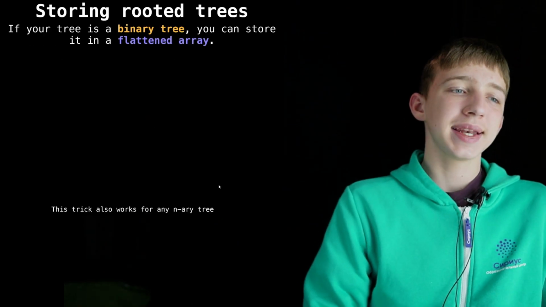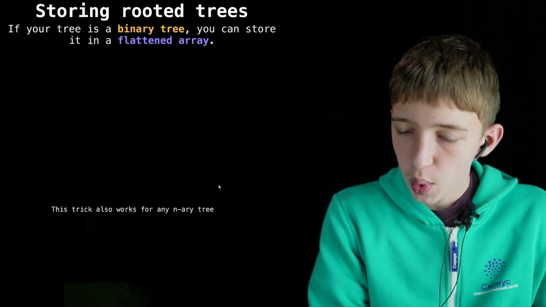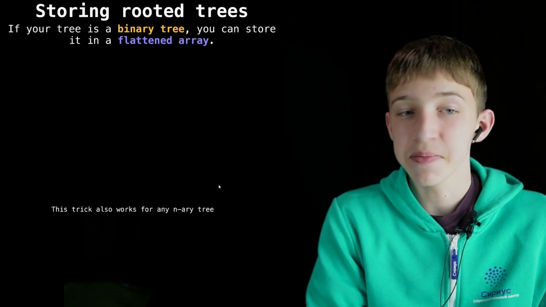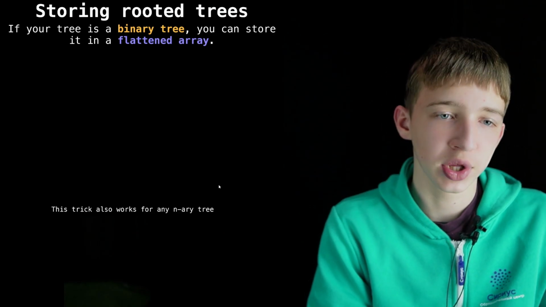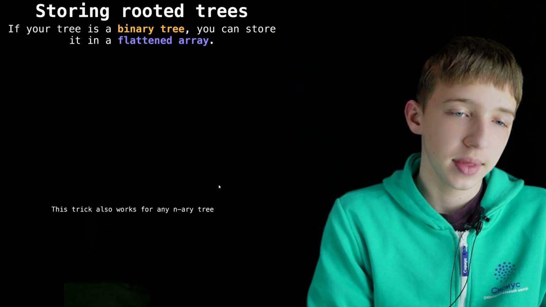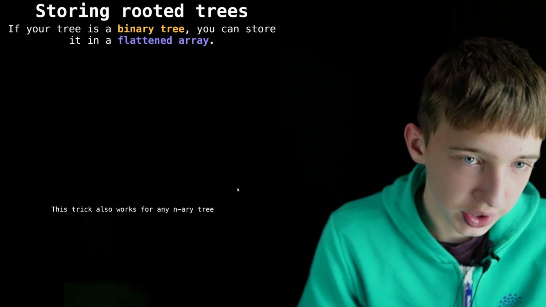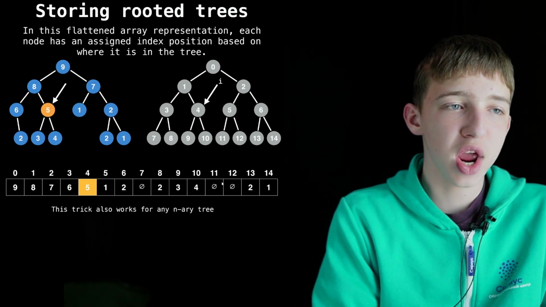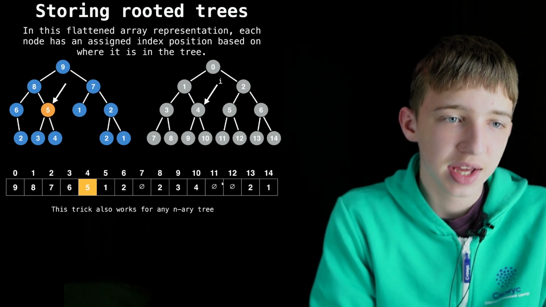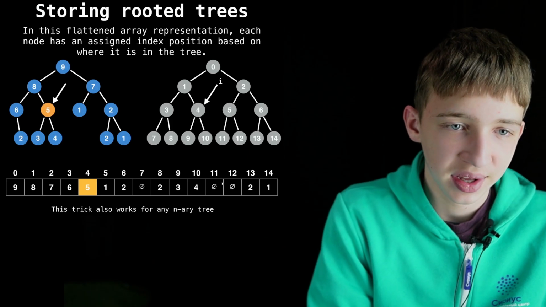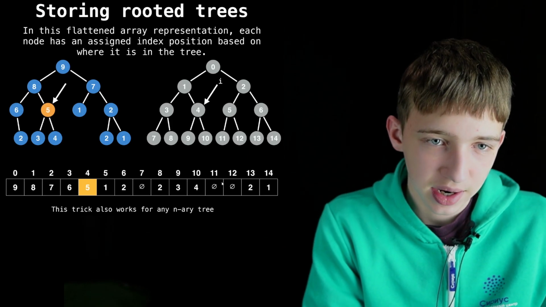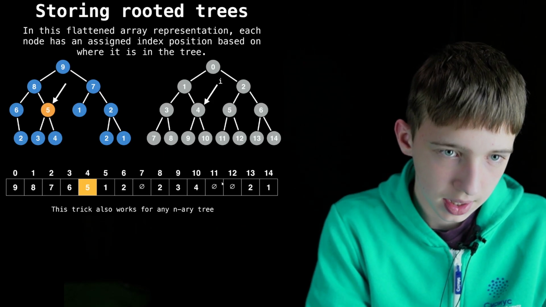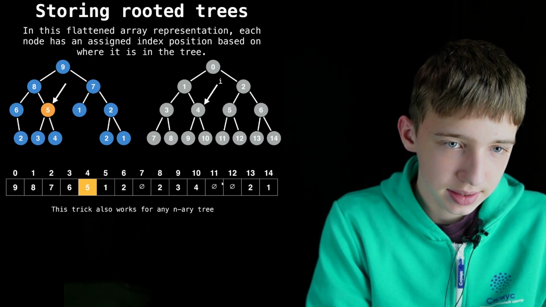Another really neat way of storing a rooted tree is to represent a binary tree. We can represent only a binary tree this way with a flattened array. Not an array of arrays, not a vector of vectors, but just an ordinary array. In this flattened array representation, each node has an assigned index position based on where it is in the tree.